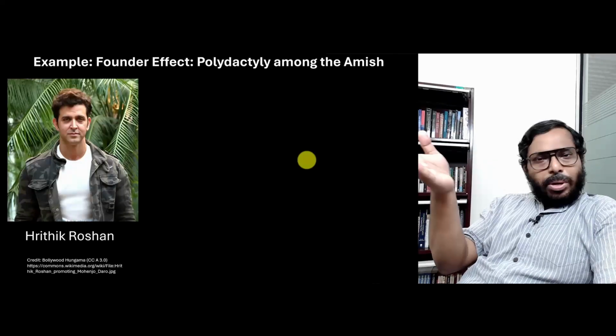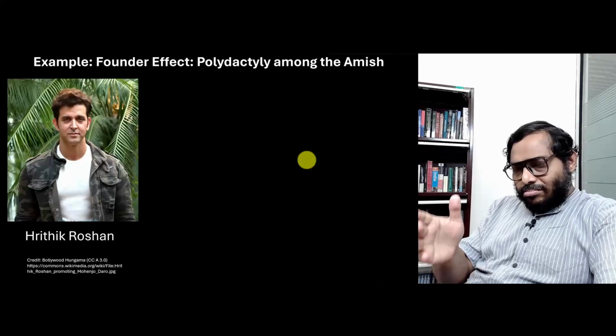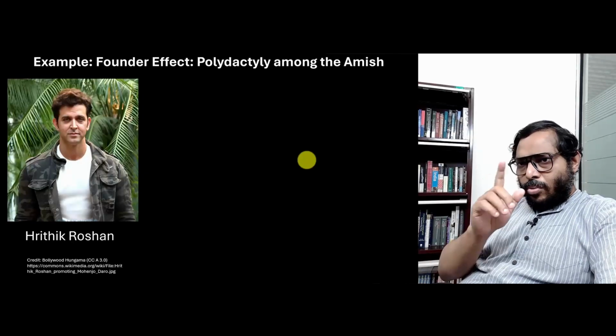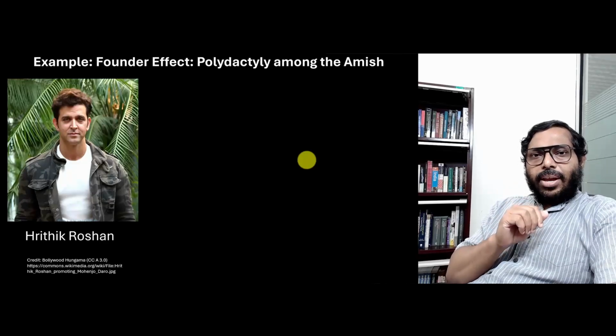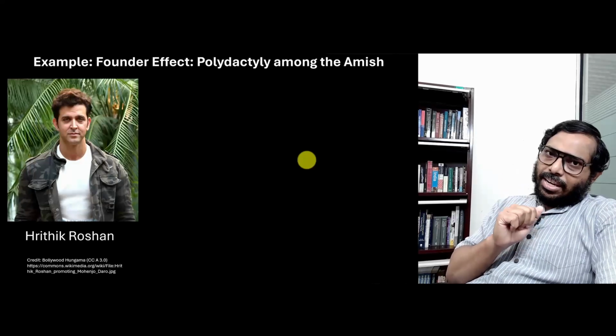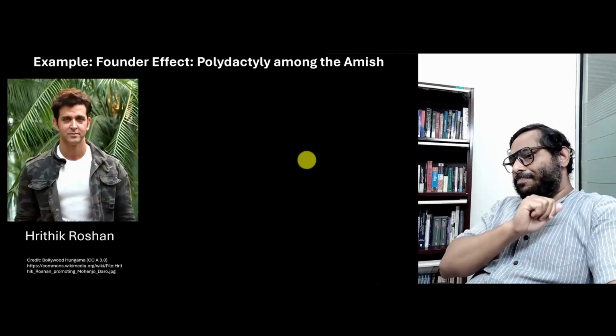Now, to people in India, this gentleman I am sure needs no introduction, Bollywood actor Hrithik Roshan. Many of you might be aware that Hrithik Roshan has a condition which is known as polydactyly. He has an extra finger over here, right.